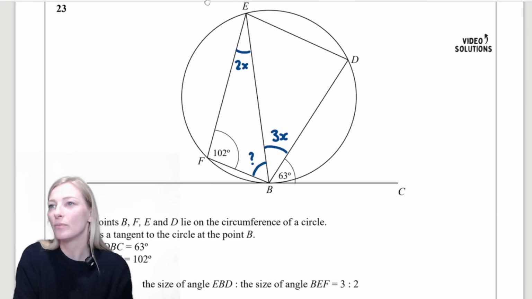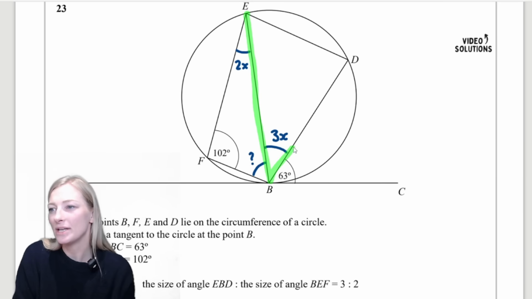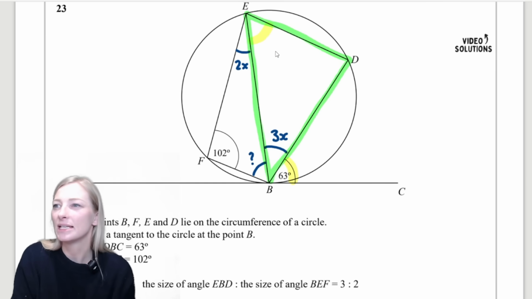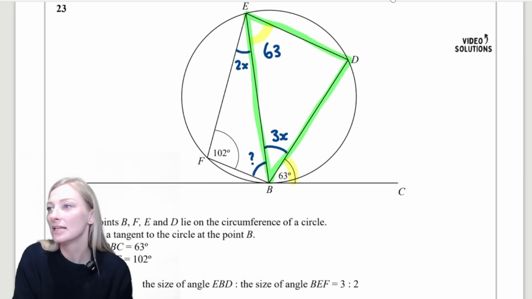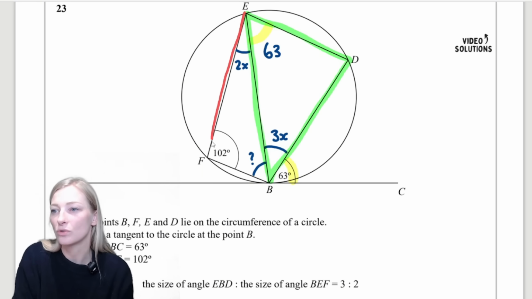Great, let's start then with the alternate segment theorem. I've got a triangle on its tip on the tangent, and that tells me that this angle here is the same as this angle here. So let's put 63 degrees up there. I can also see that I've got a cyclic quadrilateral.